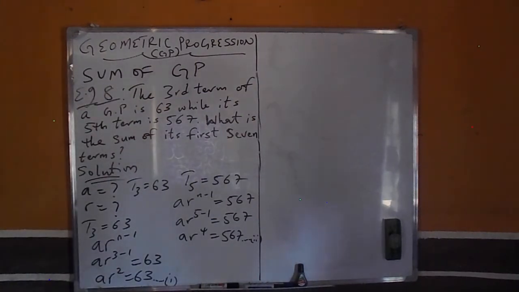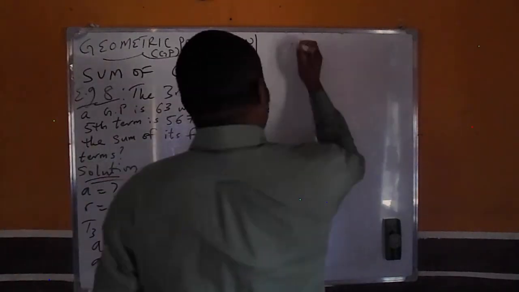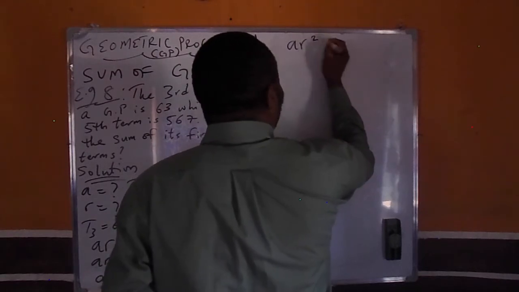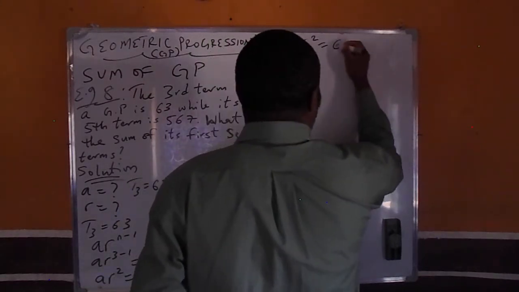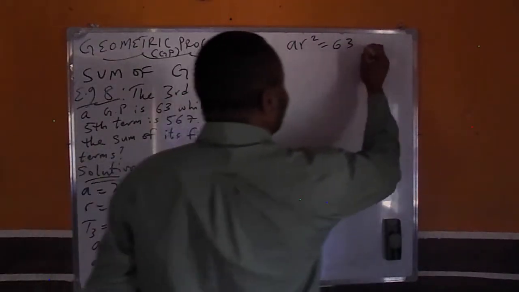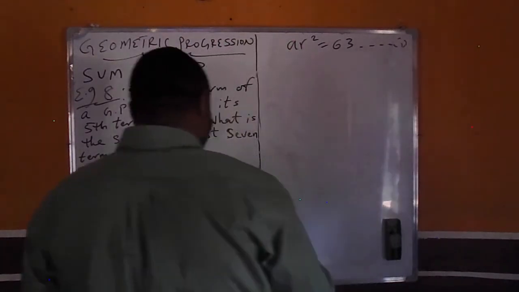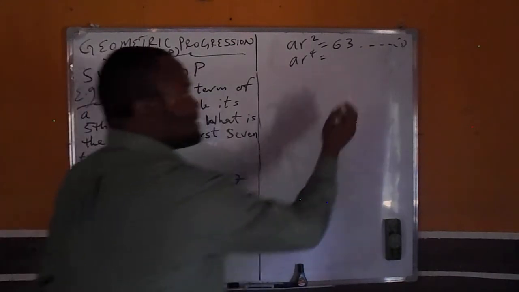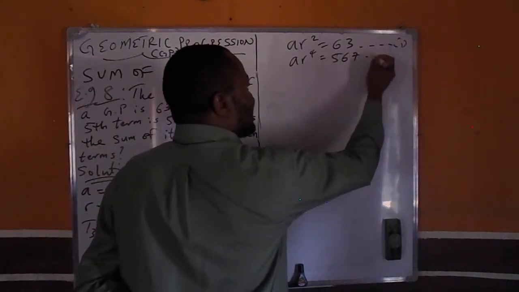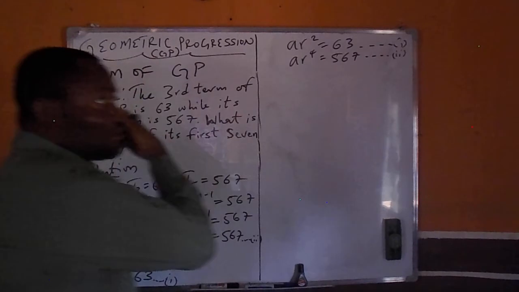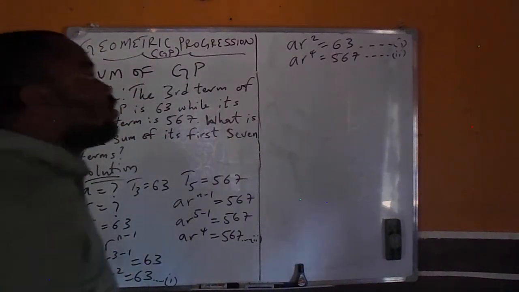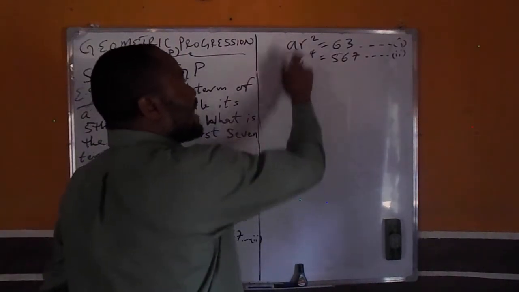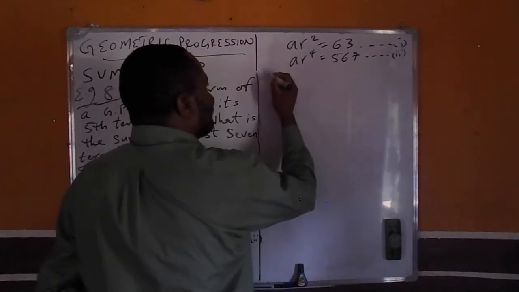Now solving equation 1 and 2 simultaneously, we now have AR raised to power 2 equals 63, equation 1, and AR raised to power 4 equals 567, equation 2. Then what do we now do? We divide equation 2 by equation 1.